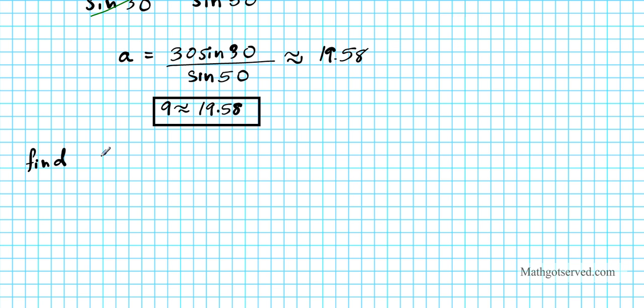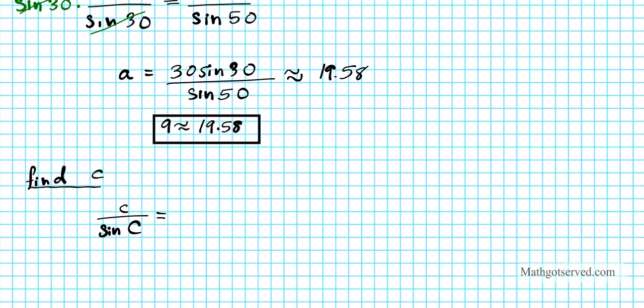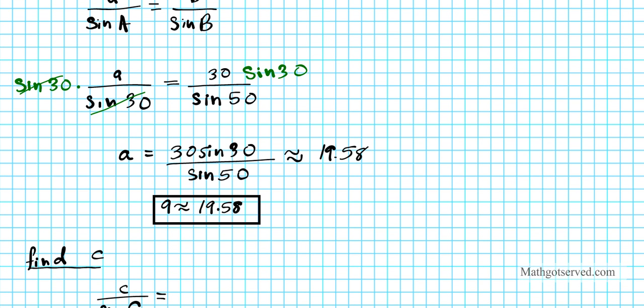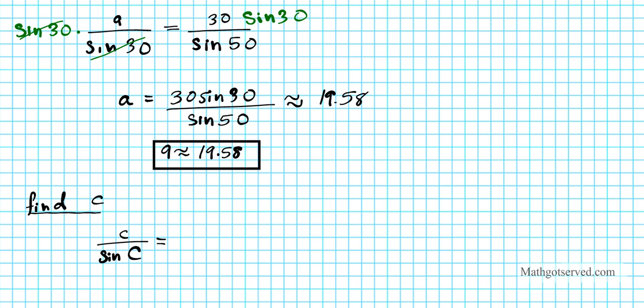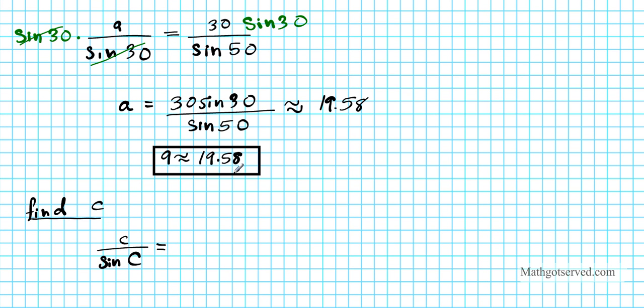To find little c, I'm going to use the law of sines again. I'm going to go little c, which is what I'm looking for, over sine big C equals, now I have two choices. Since I know little a and big A, I can use that. I can also use little b and big B. But little a is an approximation, so our answers won't be too accurate.